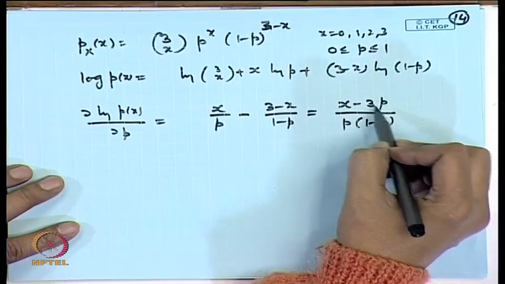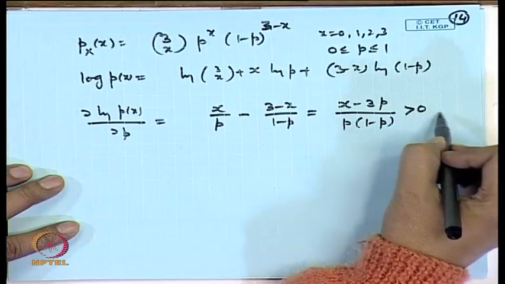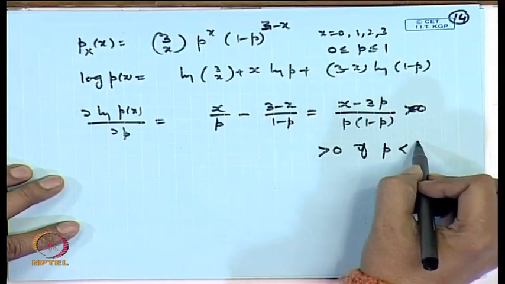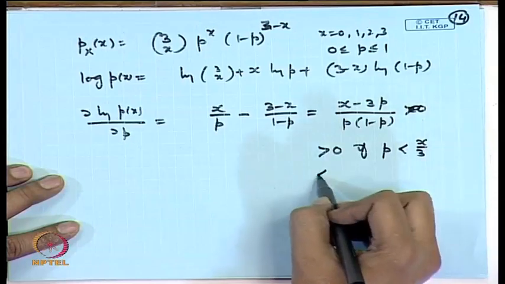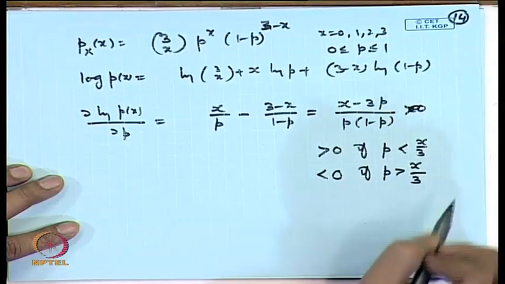Now, look at this: this function is positive if p is less than x by 3, and negative if p is greater than x by 3.